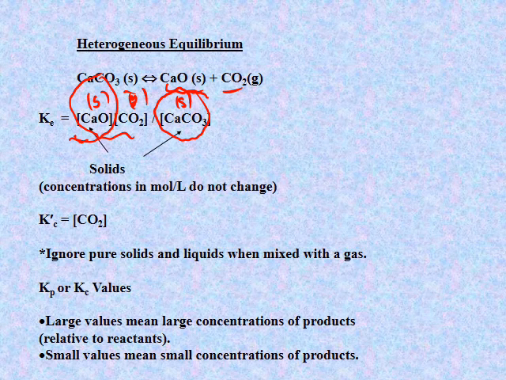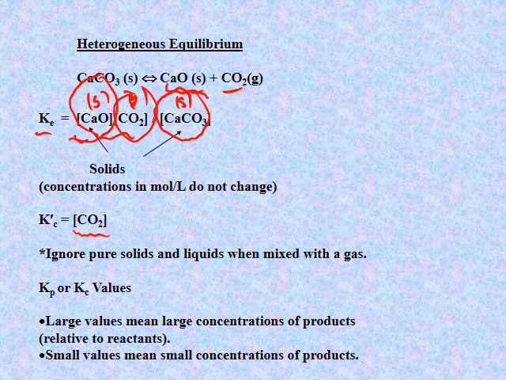So basically ignore that and consider it to be part of the definition of the equilibrium constant. The only thing that goes in the equilibrium constant is, in this case, carbon dioxide, which is a gas, and its pressure changes as the reaction happens.